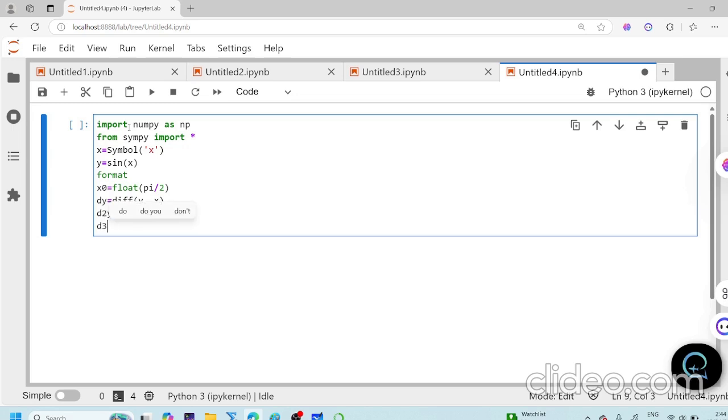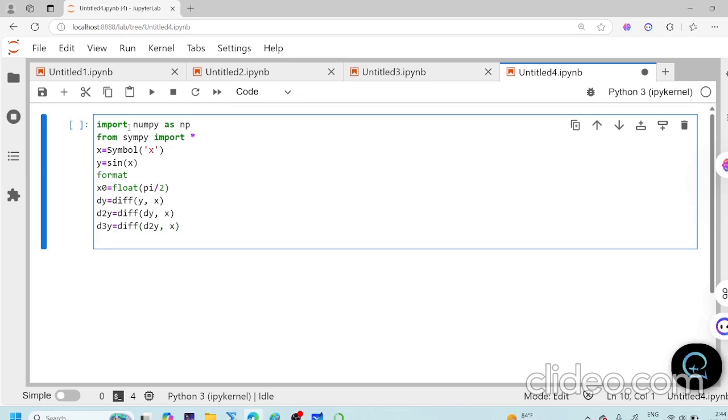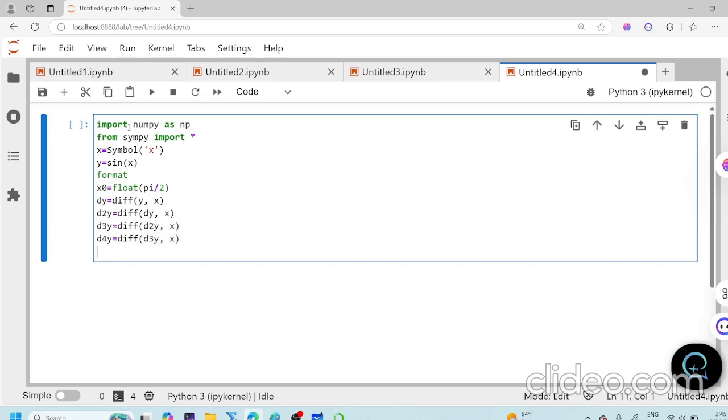Then d3y equal to diff of d2y with respect to x. Here the question, they are asking to find the Taylor series expansion up to fourth degree. So I should write one more term. d4y equal to diff of d3y comma x.